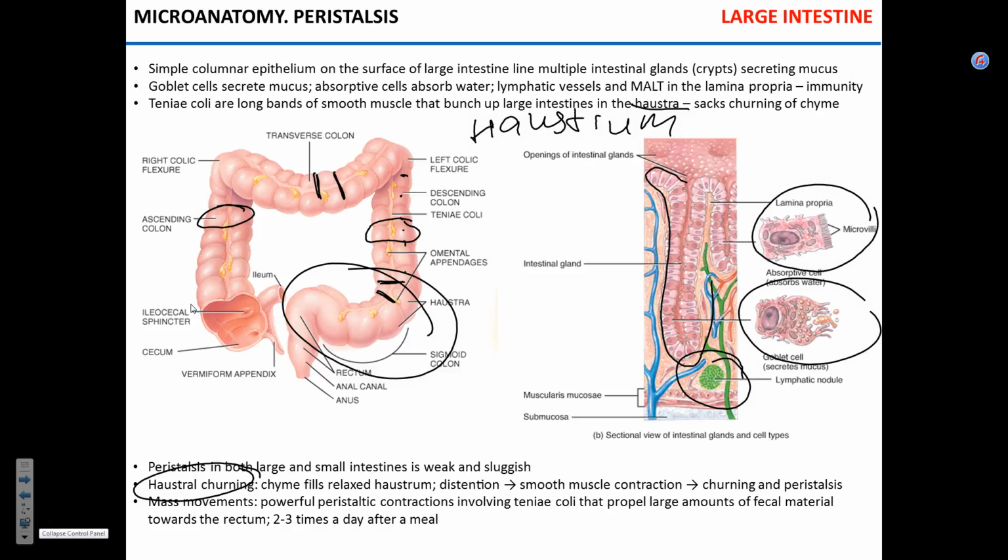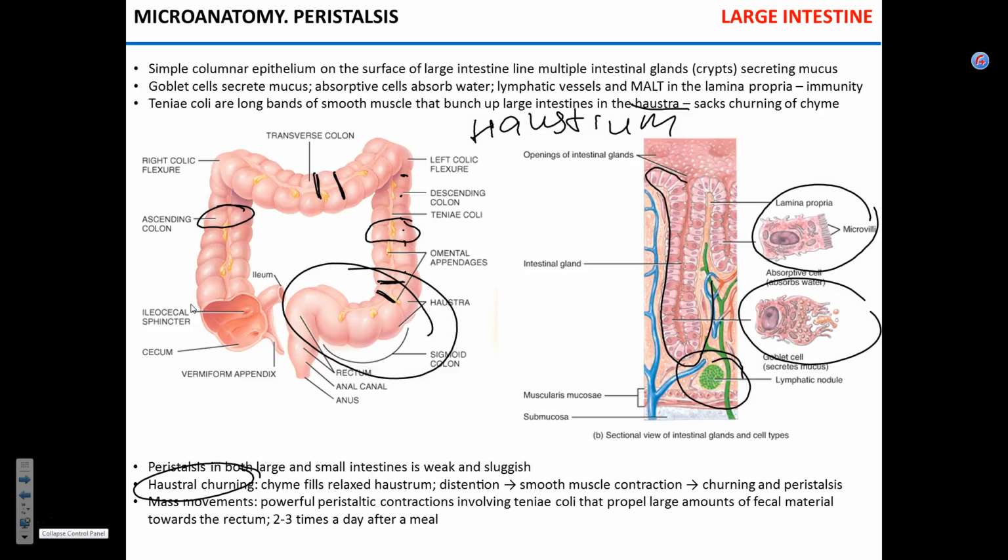Now, what does gastrin stimulate in response to those changes? Secretion and peristalsis, right? Stomach secretion and stomach peristalsis. What will gastrin do to the small intestine? Yeah, it will increase the peristalsis.